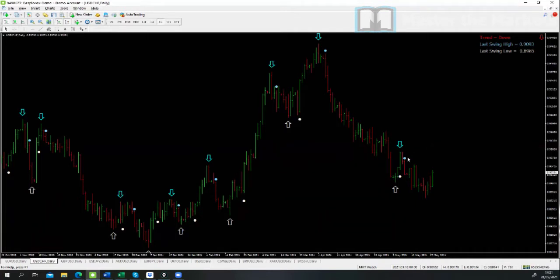So now we have a confirmed high. Therefore, we could possibly have looked for a move to the downside from this point, but it is now moving to the upside again. So imminently we'll get a swing low confirmed, and then we can possibly take a trade to the upside, which is where the market seems to be moving on the dollar Swiss.